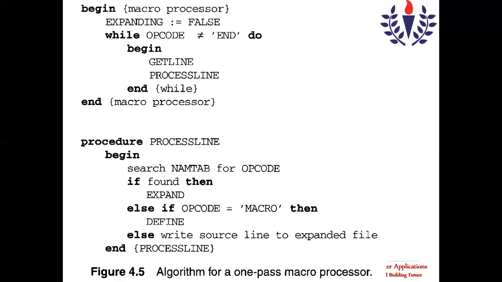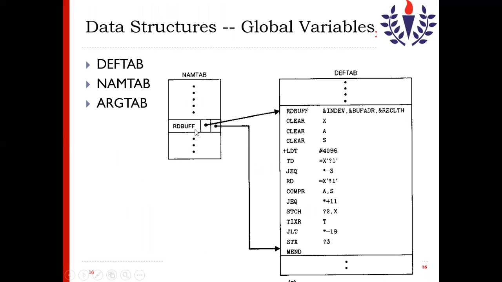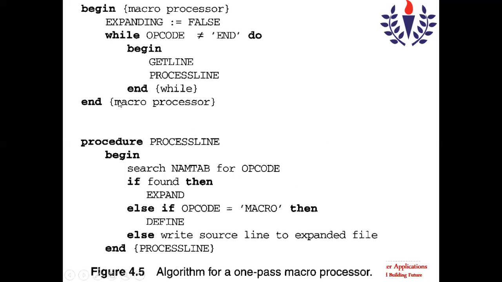Till then this loop will be executed, and in that, first we will get a line and then we will process the line. Then after getting every line, we move to process line, and then we will end the loop, and then end the macro process.